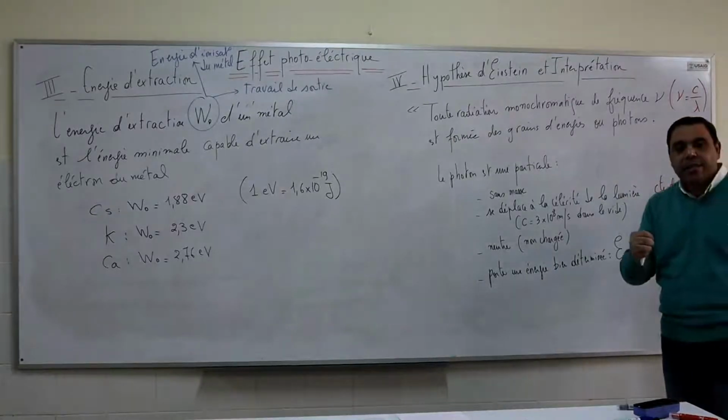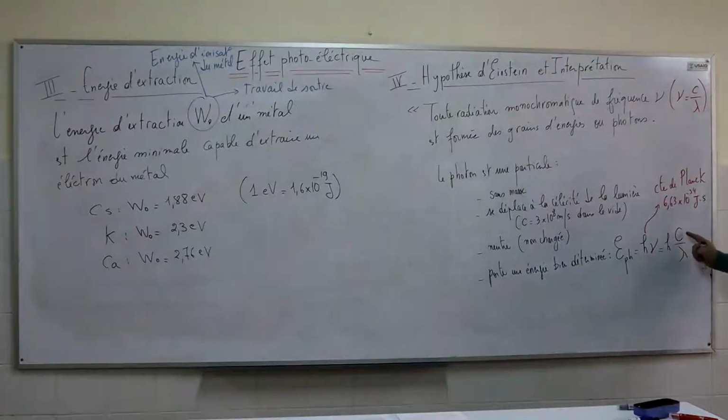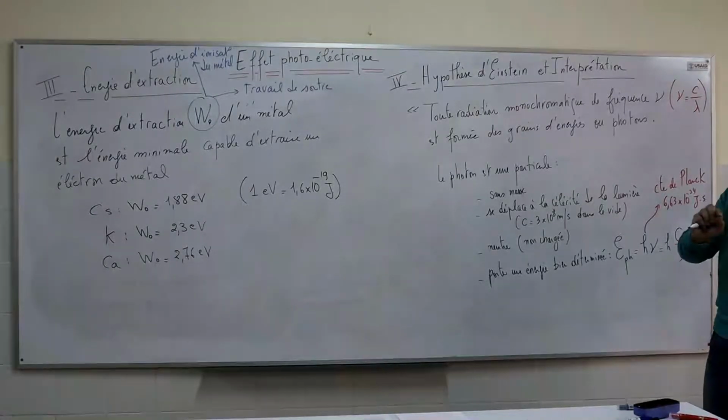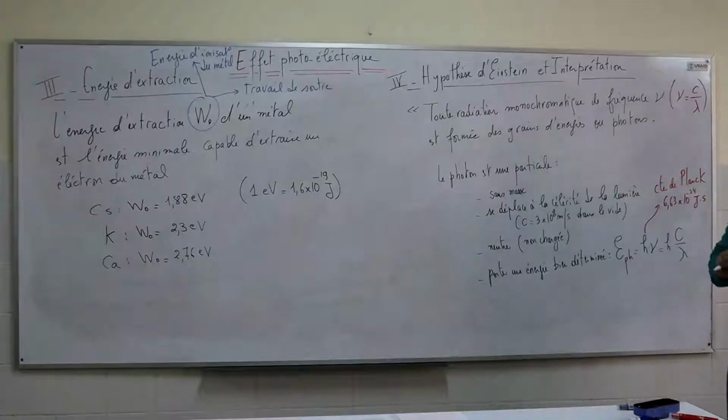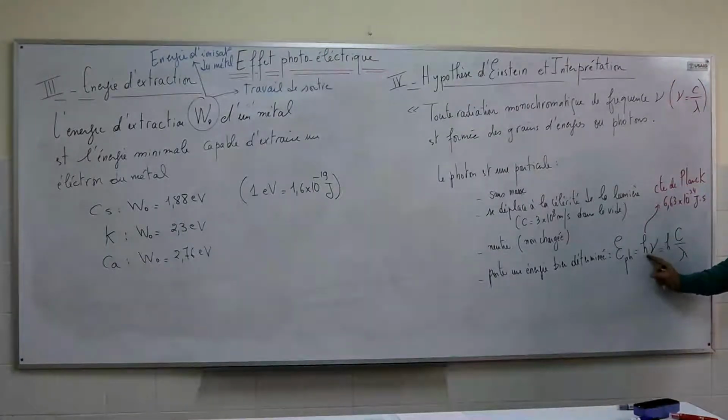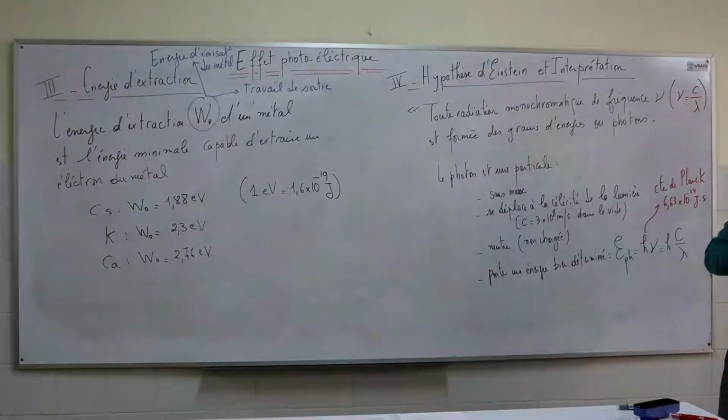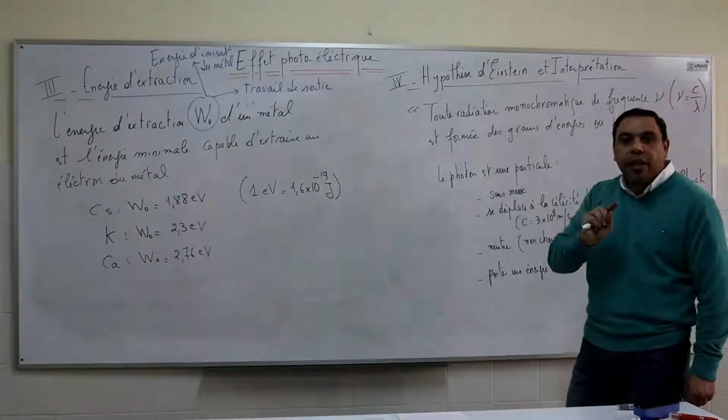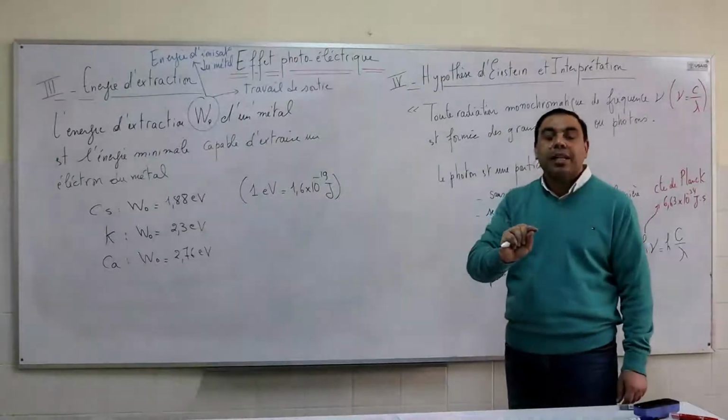If the radiation moves in a certain medium, the speed of light will change, and so will the wavelength. Then every photon of a monochromatic radiation carries the same energy h nu. And since the frequency of radiation is independent of the medium, the energy transported by a photon is independent of the propagation medium.